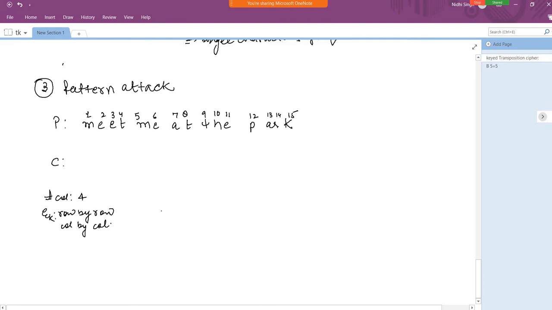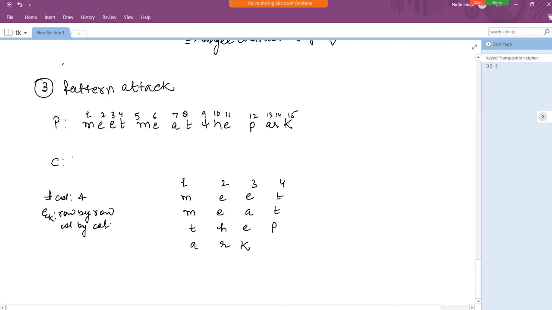So what will be my corresponding ciphertext? Columns 1, 2, 3, 4. This is my column position. The number of columns is 4. So write it row by row, and read it column by column.